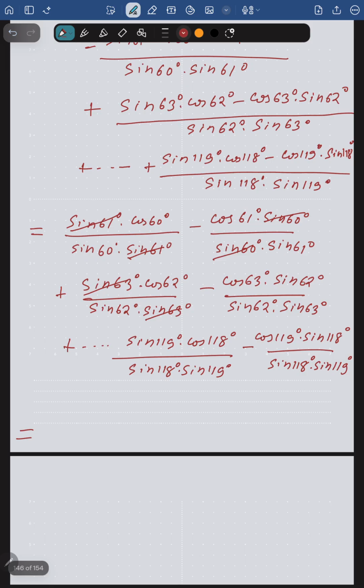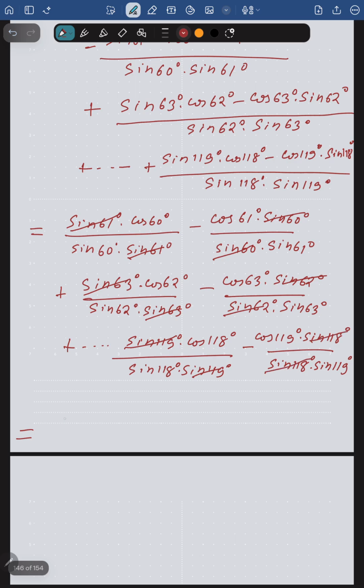In the fourth term, sine 62 degree and sine 62 degree will get cancelled, and similarly for the last term sine 119 degree and sine 119 degree, and this is the second last. Now in the last term sine 118 degree and sine 119 degree will get cancelled.